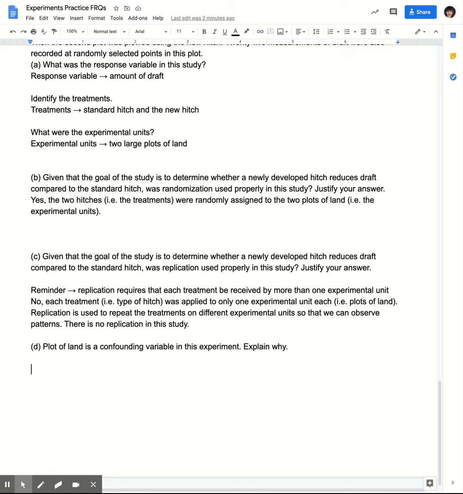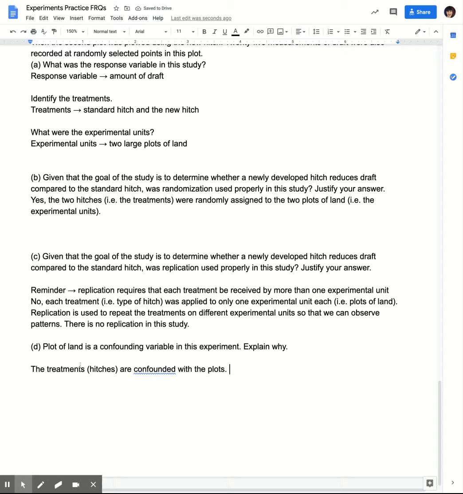So you would want to start by saying the treatments are confounded. And here I'll put in parentheses what the treatments are. The treatments, which is the hitches, are confounded with the plots. Okay.